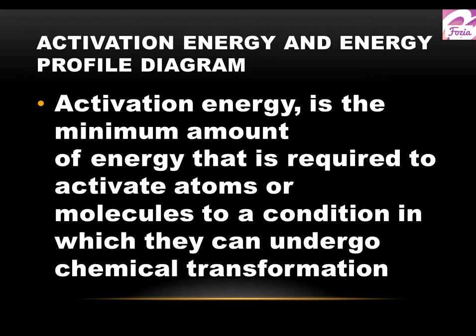Now what is that minimum energy? Why do reactants need this energy to form the product? As we see, the reactants are the chemical species which form products after chemical transformations.